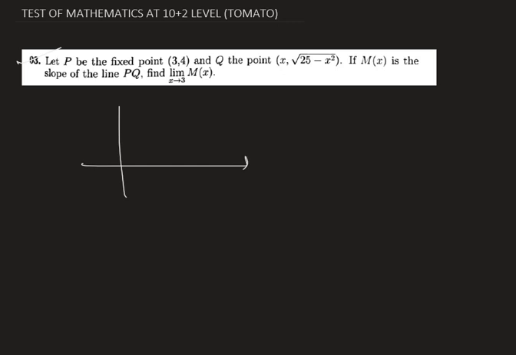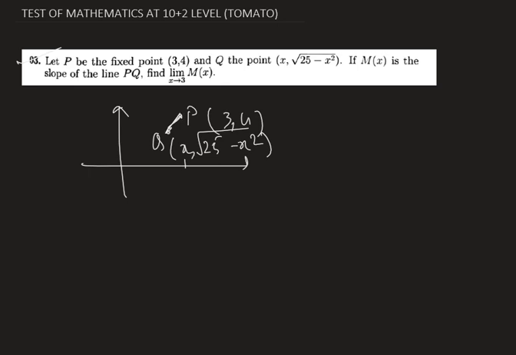So this is a point P with coordinates 3, 4 and a point Q with coordinates x, root over 25 minus x squared.